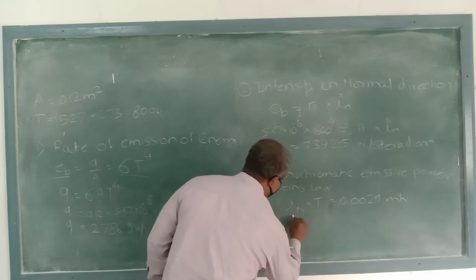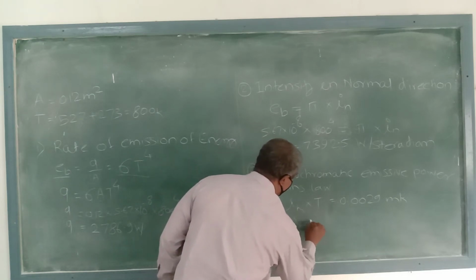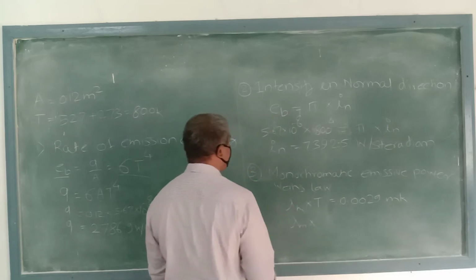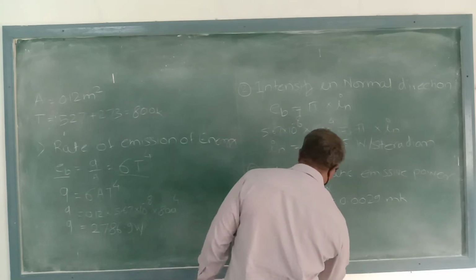So in this equation, the only unknown value is the maximum wavelength, as the temperature they have given.